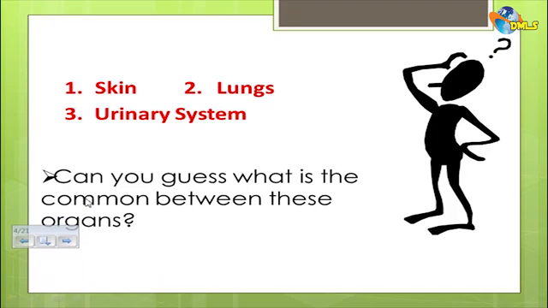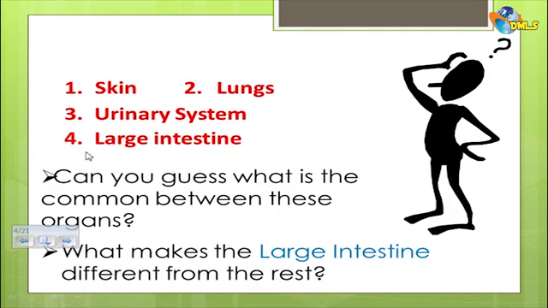There is a common thing between them, that they are all getting rid of some wastes. We have also large intestine here. The large intestine differs from the other three, skin, lungs, and urinary system, in that it gets the solid wastes, not excretory wastes.